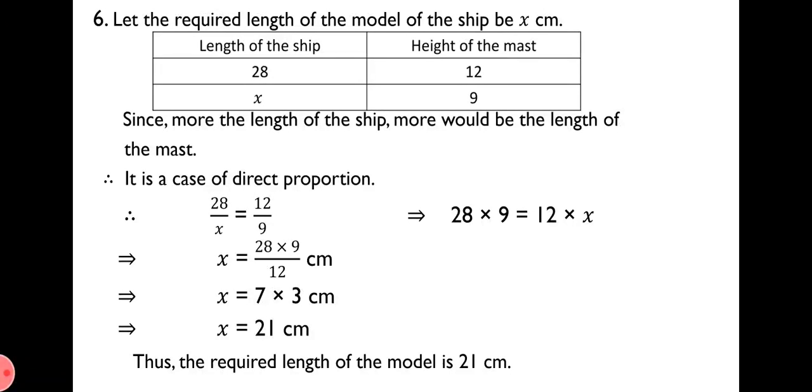Suppose 2 kg of sugar contains 9 into 10 raised to 6 crystals. How many sugar crystals are there in number 1, 5 kg of sugar, and number 2, 1.2 kg of sugar? It is given that if there is 2 kg of sugar, in that 9 into 10 raised to 6 sugar crystals are there.